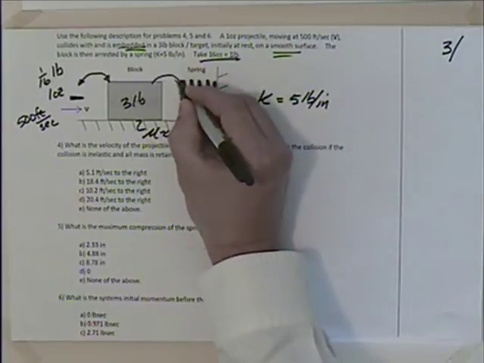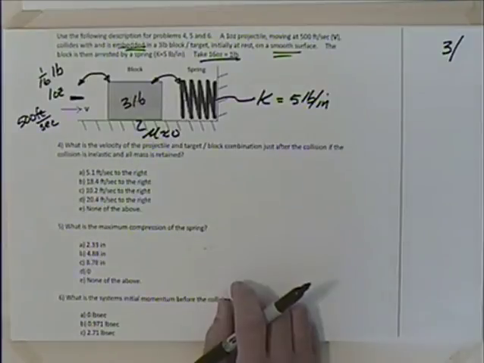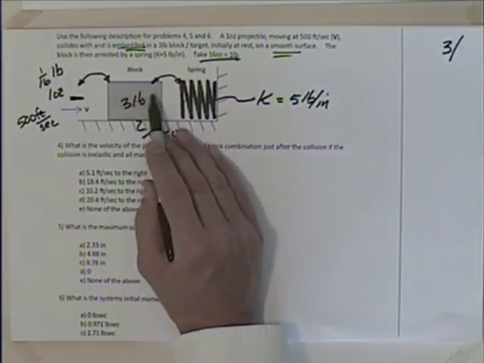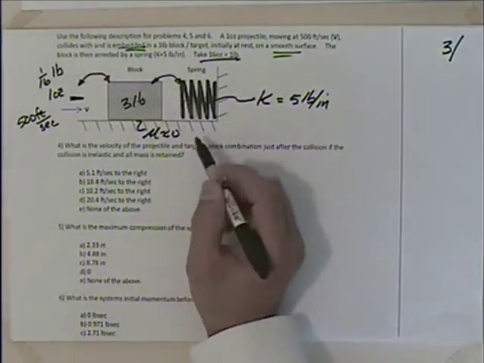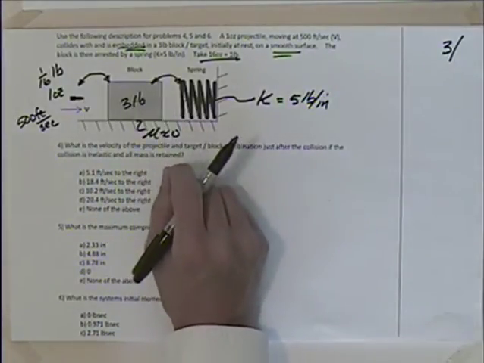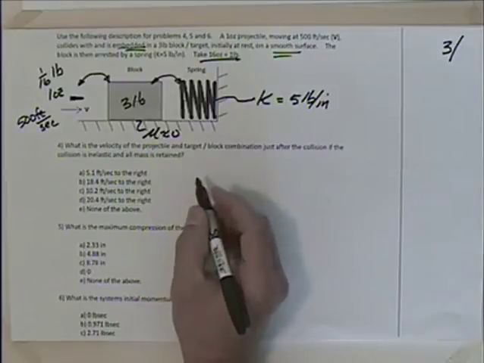And then from here to here, we could go ahead and use our conservation of energy. Okay, does that make sense? Across the collision, we're going to use conservation of momentum, and then as the block collides with the spring, we'll use conservation of energy. So conservation of momentum, and then conservation of energy.